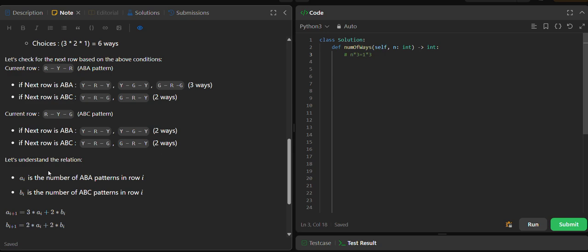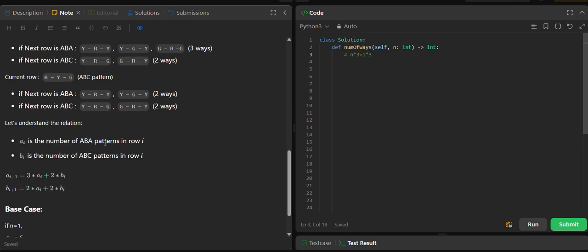Now let's understand one thing: if AI is the number of ABA patterns for row I, and BI is the number of ABC patterns in row I, then we can simply calculate the formula. The number of ABA patterns in the next row, AI plus 1, will be 3 into AI plus 2 into BI.